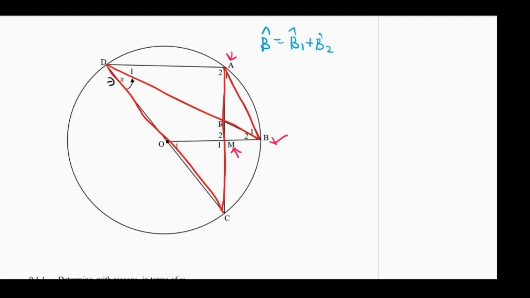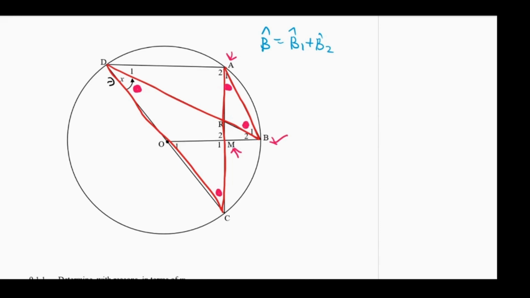I hope you can see this theorem. This is angle on the same segment, right? So this angle here is equal to this angle here, and this angle here is equal to this angle here.